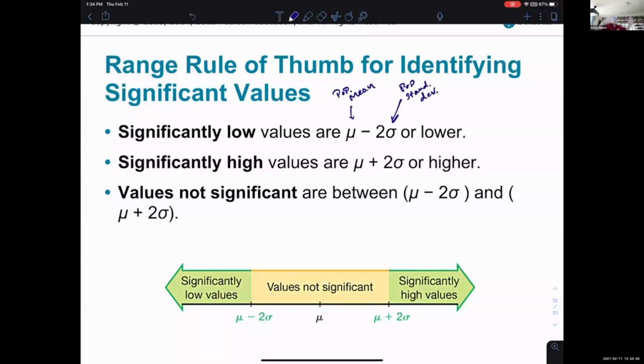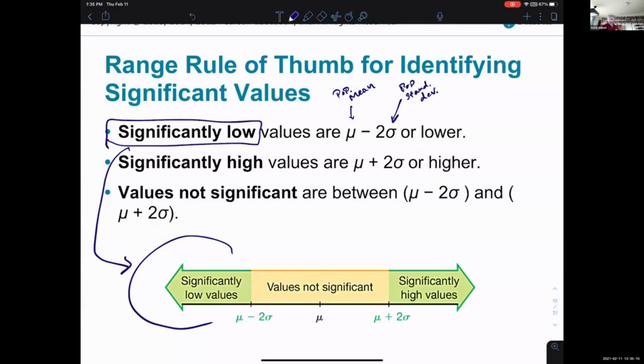So a range rule of thumb, and now you can extend this to the whole population or for a sample, is that values are significantly low if they are less than 2 standard deviations below the mean, at that level or lower. And so they're showing that here because they're saying, look, over here, these are significantly low.